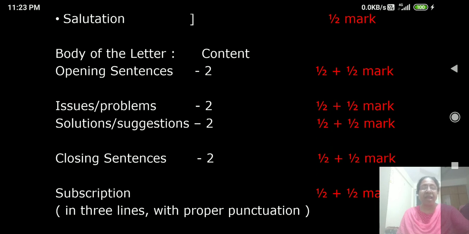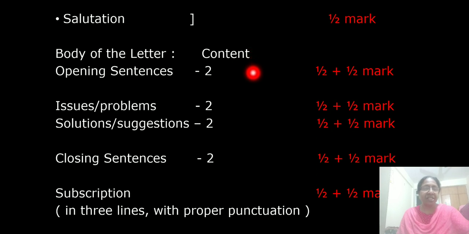Now, we have the salutation, for which you are awarded half a mark. Then the body of the letter or the content with 2 opening sentences, for which you get half plus half. For each sentence, you get half a mark. Then the issues or problems that you write, for which you get half plus half mark. And the solutions or suggestions that you give, for which you get another half plus half marks.